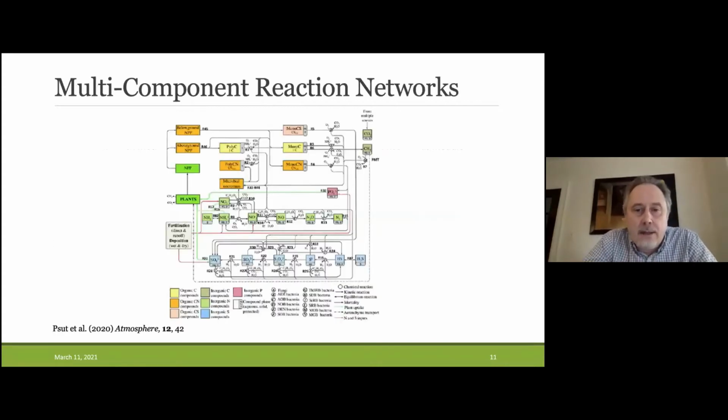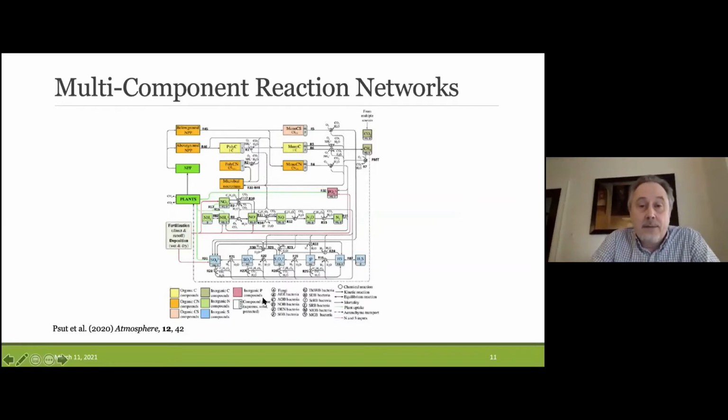And so I like to show this one, because I can't even read what's on there, but essentially it's a soil biogeochemical module that deals with nitrogen, with carbon, and with sulfur. And you see all these lines going between all these different boxes, which show these couplings between the elemental cycles of sulfur, nitrogen, and carbon in a soil system.